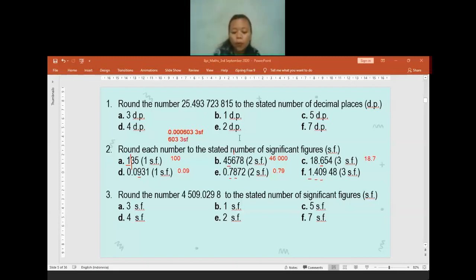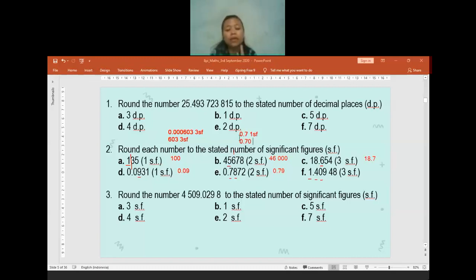If you say 0.7, I told you the first significant digit is the first non-zero digit. So the 0 is not significant. The 7 is significant. This will be one significant figure. If I have 0.70, the 0 in front is not significant because the rule to find the first significant digit is the first non-zero digit.